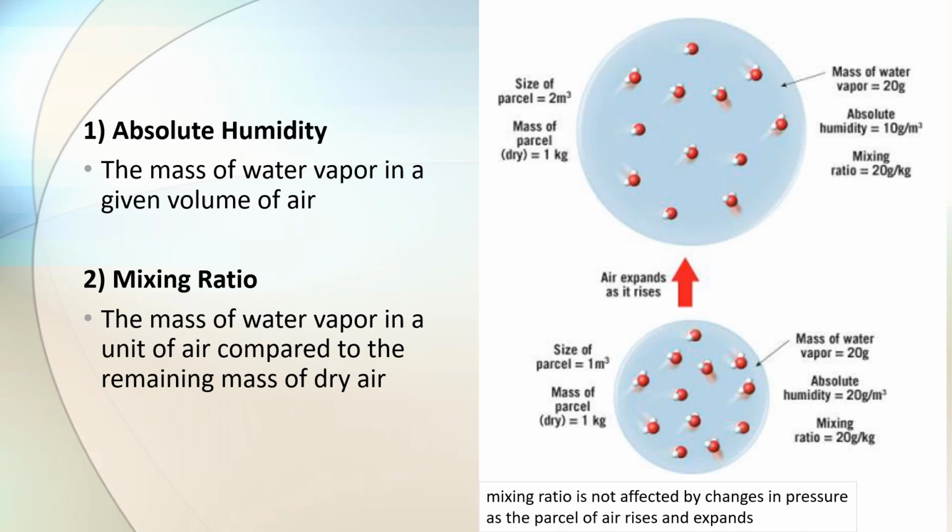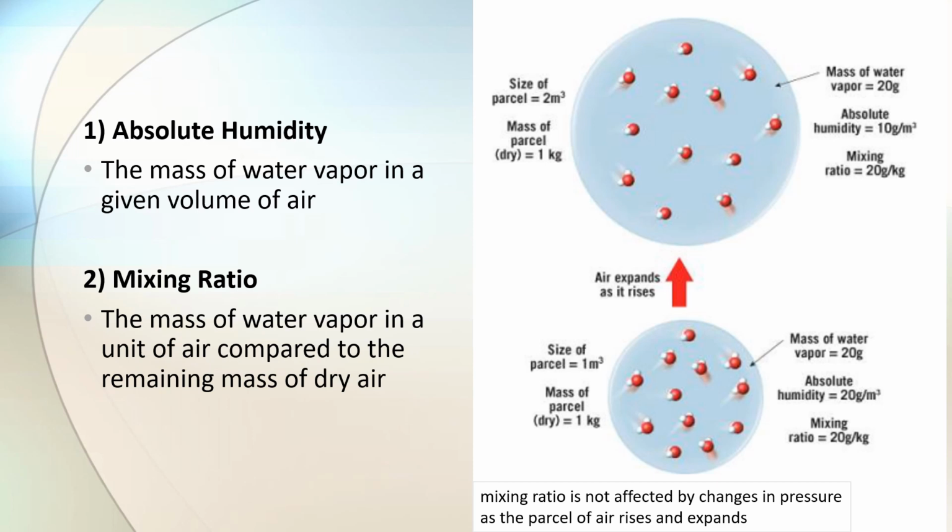Then the mixing ratio is not affected by the changes in pressure or temperature. For example, in this figure, below here is the mixing ratio, and above is the absolute humidity. You can see that when the air rises, it expands, so the volume also increases.